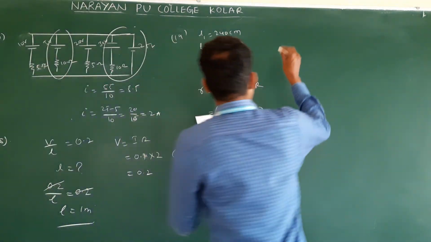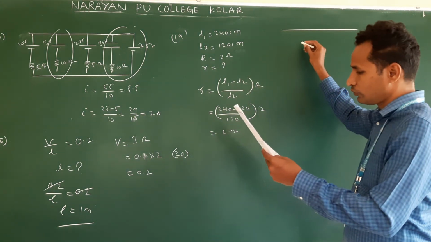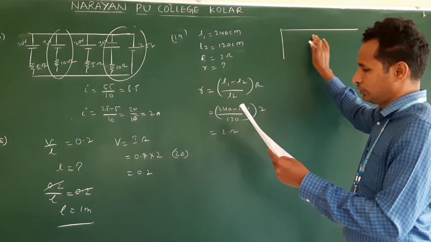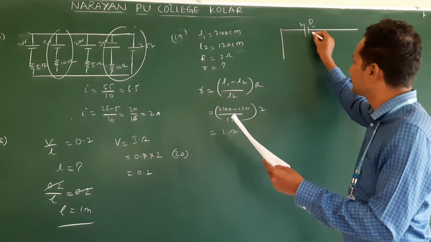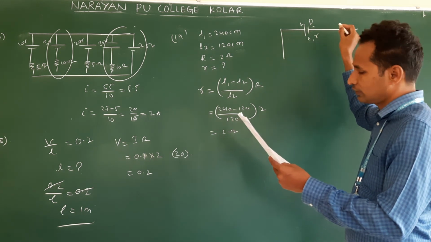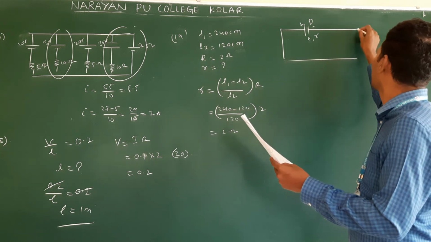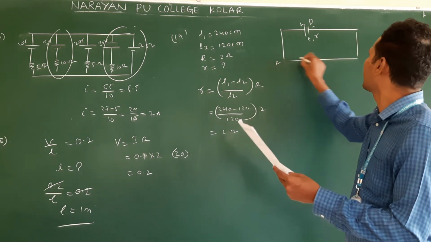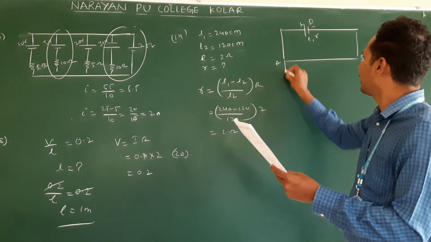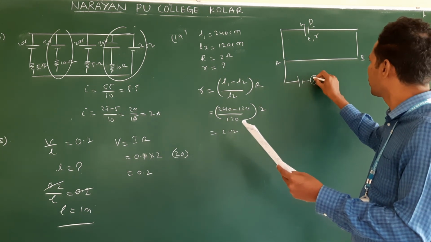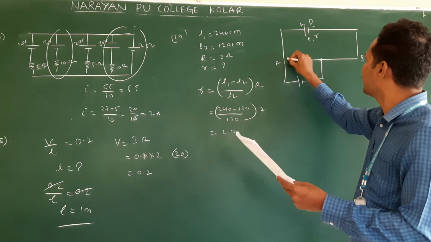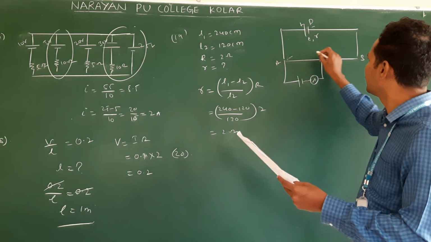Here I will draw the figure. This is there, plus or minus. This is the EMF, and this internal resistance is R. Here it is A, here it is B. This is the primary circuit, this is the secondary circuit. They connect like this, A. Already J is there.